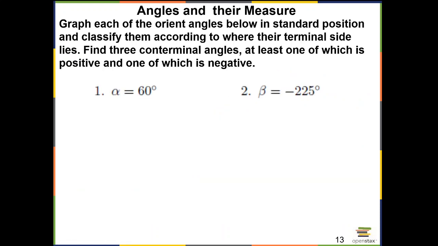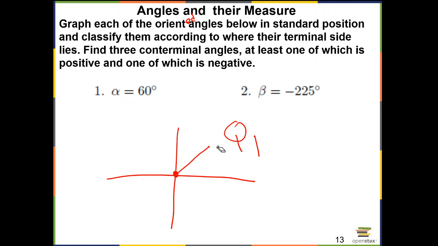Okay, so here is an example. Graph each of these oriented angles in a standard position and classify them according to where their terminal side lies. Now, in a standard position, we have the coordinate plane, right? If the terminal side of an angle ends up in the first quadrant, then that's a first quadrant angle.